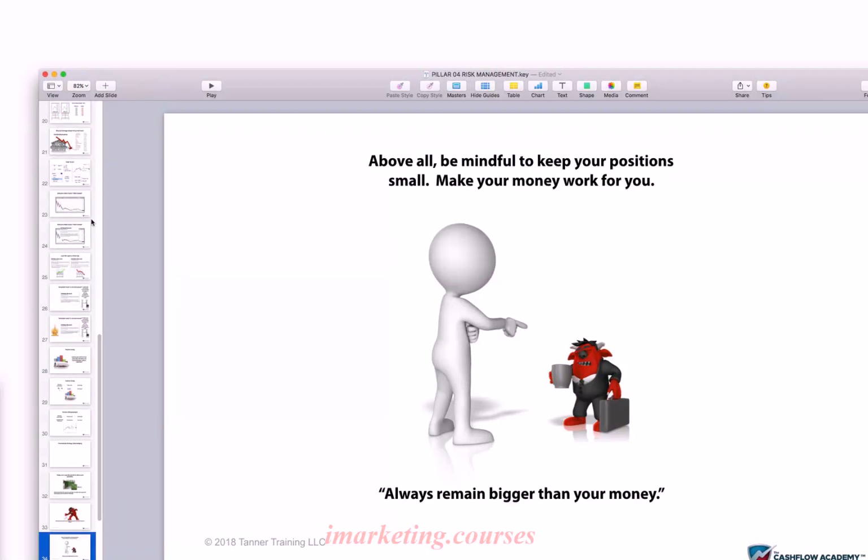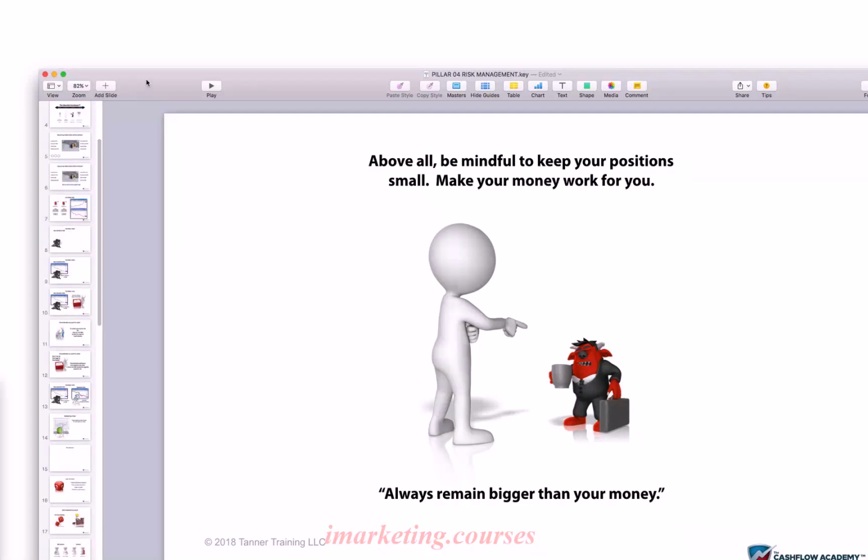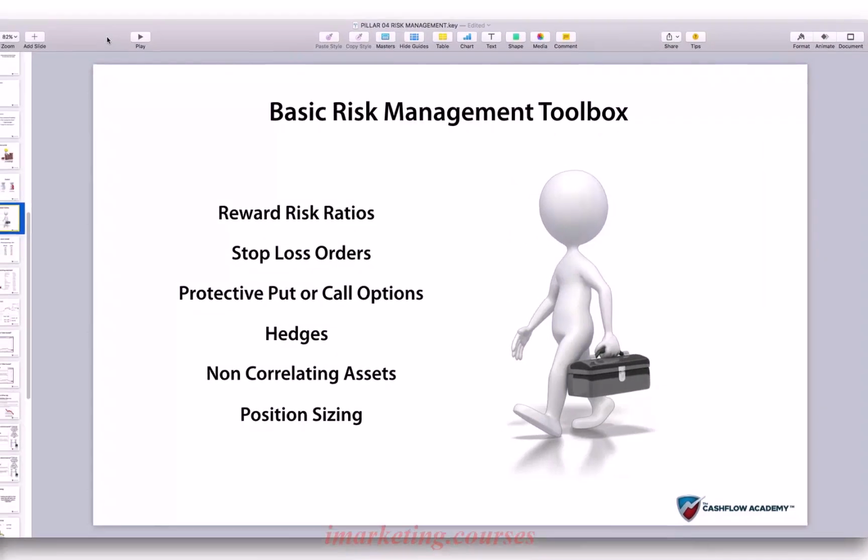All that stuff is part of our investing toolbox, our risk management toolbox. So we talked about hedges, non-correlation, position sizing, risk-reward ratios. It's a short pillar, but those are great things, understanding systemic versus non-systemic risk.